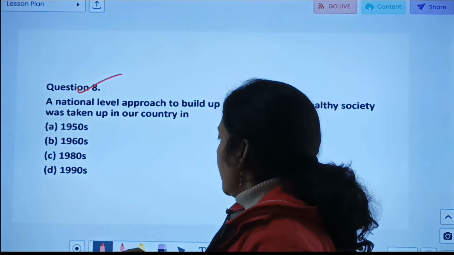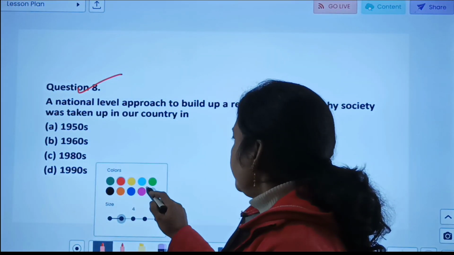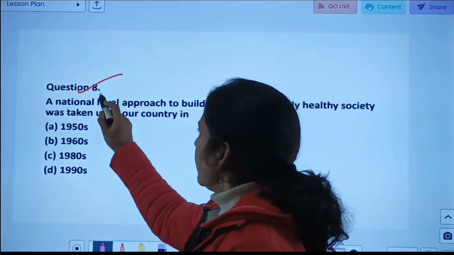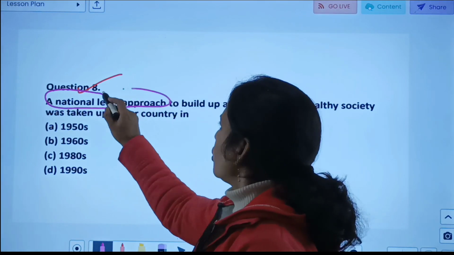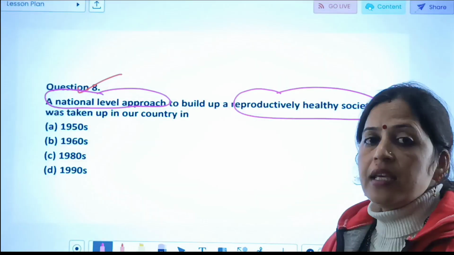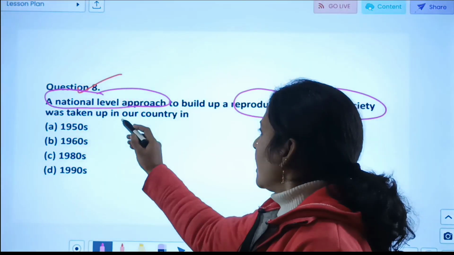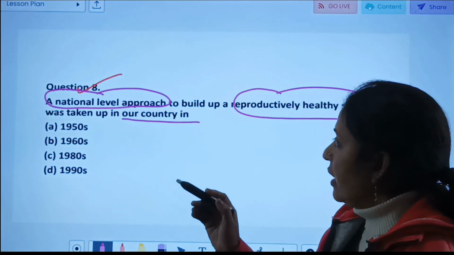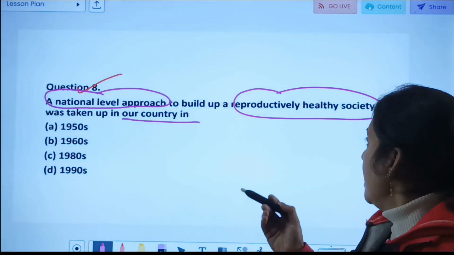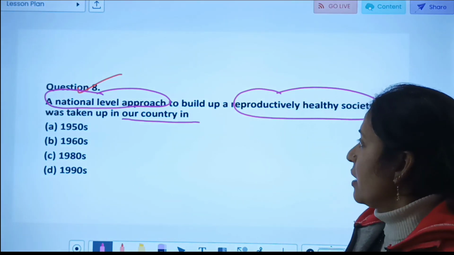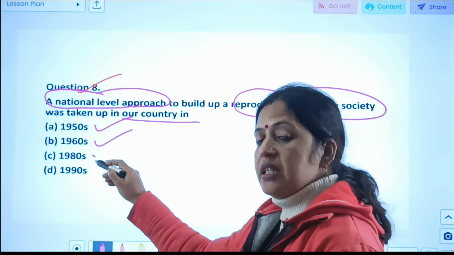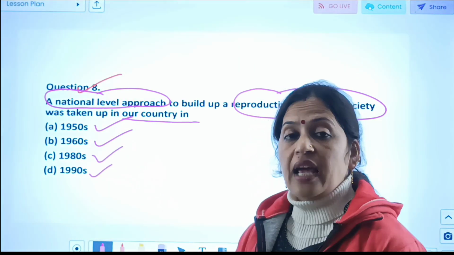Next is the question number 8, and your question number 8 is a national level approach to build up a reproductively healthy society was taken up in our country. That is in 1950s, 1960s, 1980s as well as 1990s.